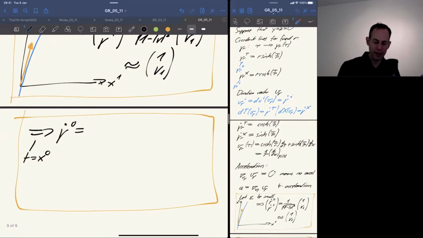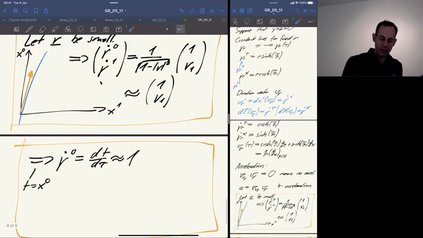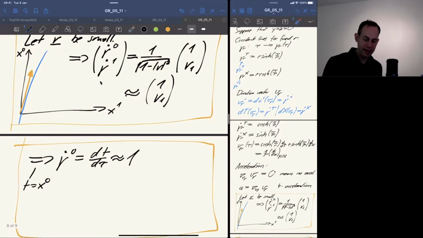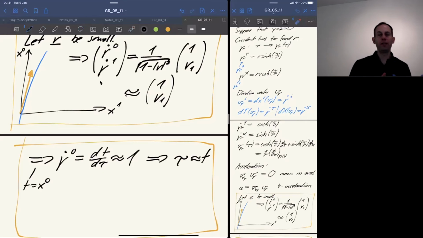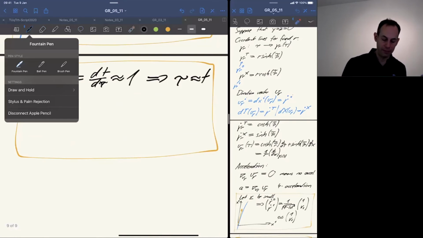So therefore saying that x dot 0 is 1 means that t divided by tau is approximately 1. And that's what I get from here. So in other words, I can essentially identify tau and t, which is just to say that as long as objects move very slowly, tau, the eigentime, the clock shown on the moving object, and the clock shown on the lab wall, which is t, are showing essentially almost the same time.